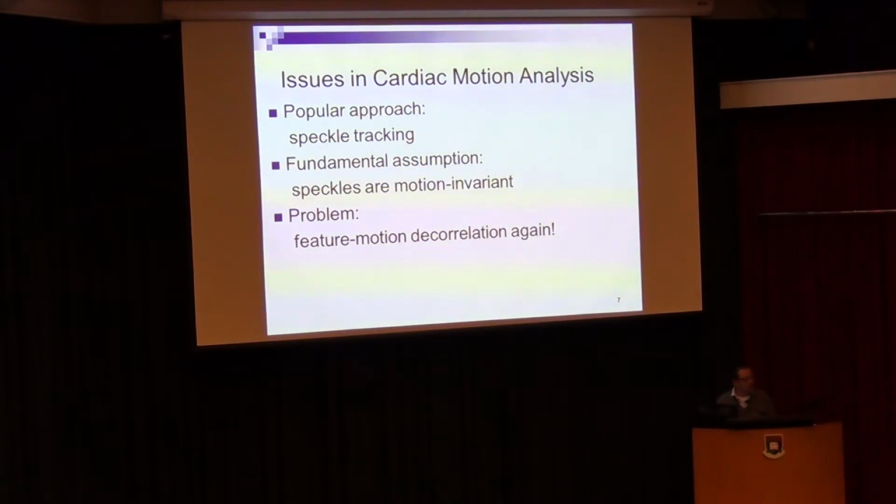And the dead tissue are harder, therefore we know where exactly the attack happened and to what extent the heart attack is. But again, we fall into the same fundamental assumption flaw, that is, the speckles are not motion invariant, they are actually motion variant. Then how to address this problem actually becomes fundamental in many applications.